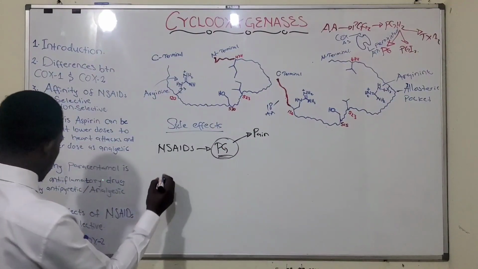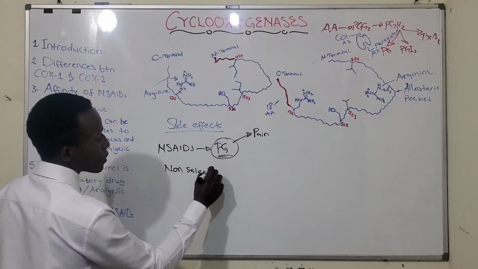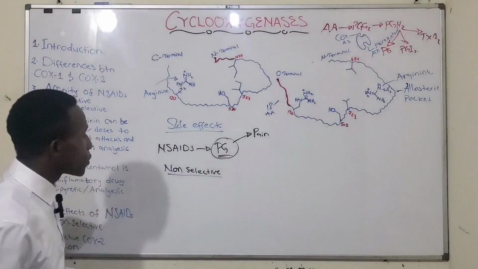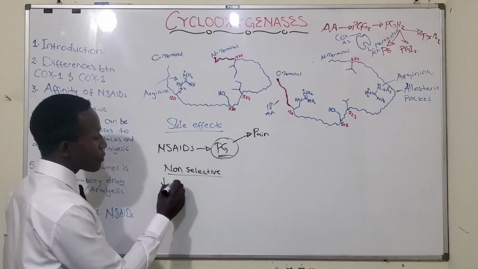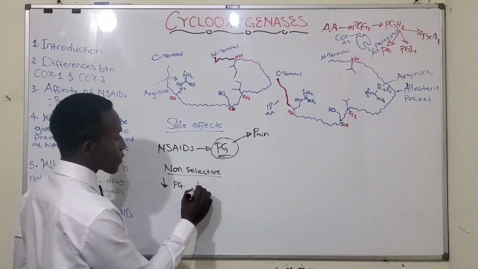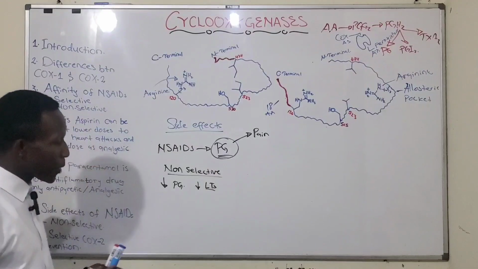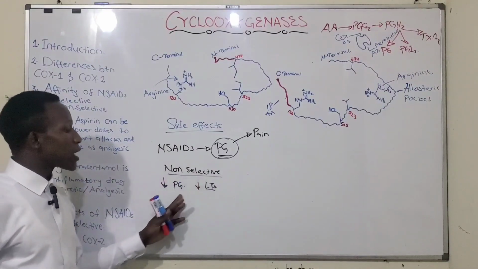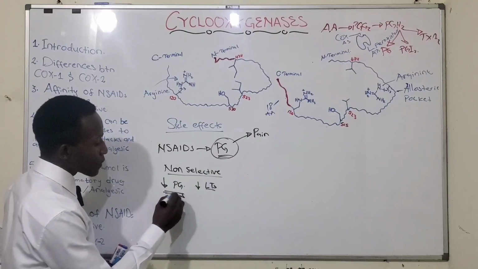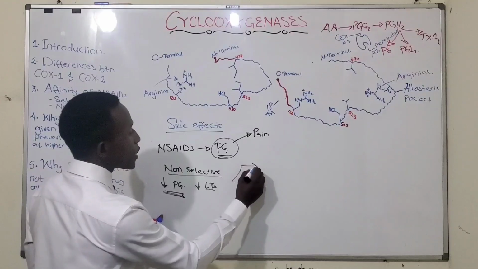Now, for the non-selective inhibitors of the COX enzyme, we shall have a decrease in prostaglandins and also a decrease in leukotrienes.